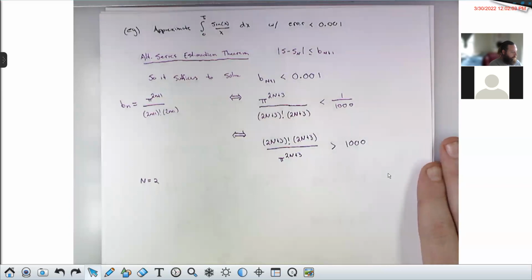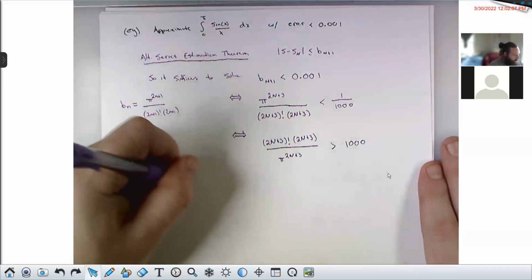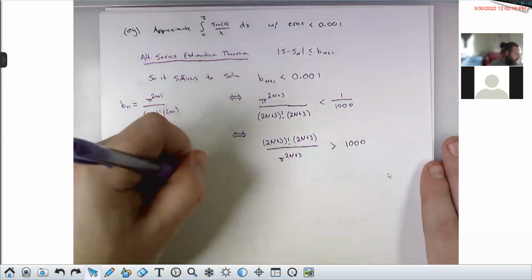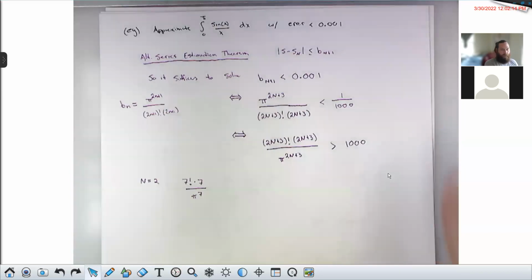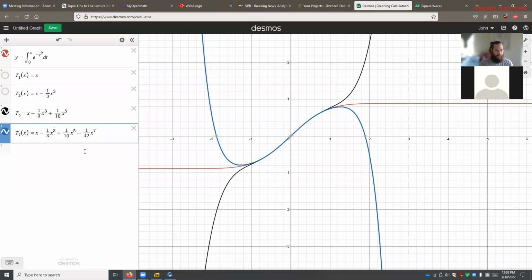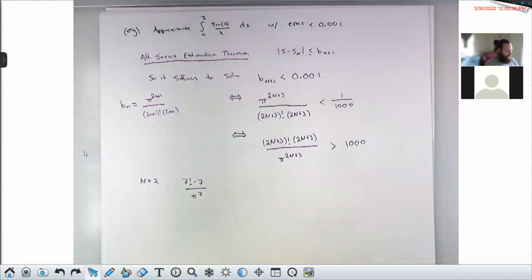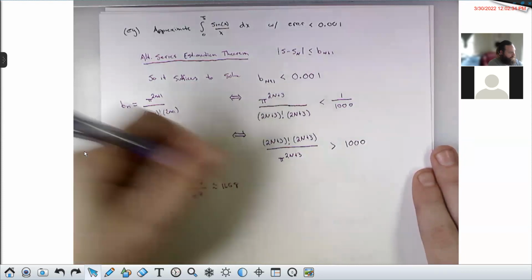When n is 2, we have 4 plus 3 is 7 factorial times 7 divided by pi to the 7. And we can compute that. This is like 11.68. That's definitely not big enough.